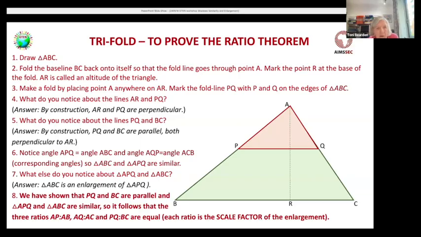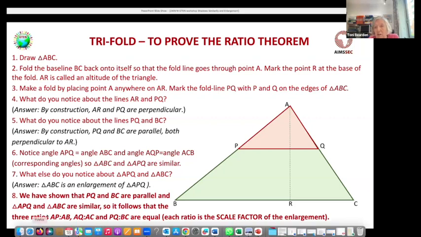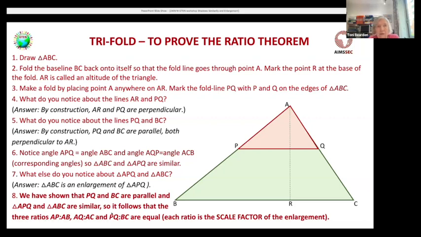So it follows that the three ratios, AP to AB, AQ to AC, and PQ to BC are equal. Each ratio is the scale factor of the enlargement.